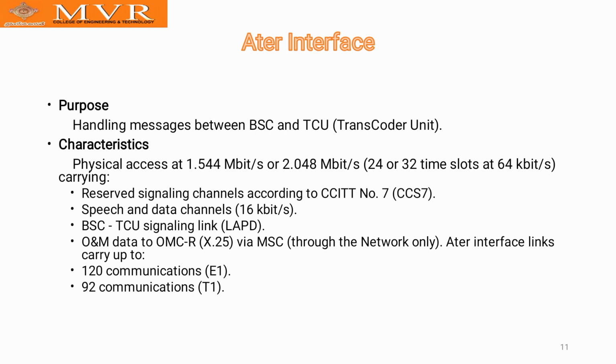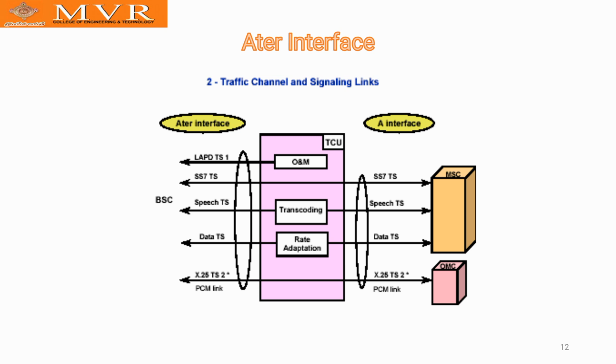It acts as the interface between the BSC and TCU. This is the Ater interface. In this interface, the traffic channel and signaling links are involved. See this example: the Ater interface will have LAPD TS1 and SS7 TS, speech TS and data TS, and the PCM link.